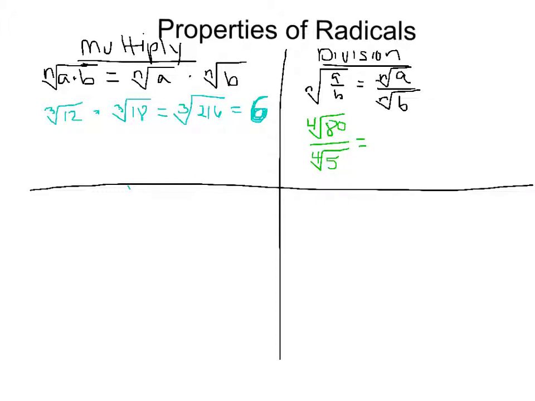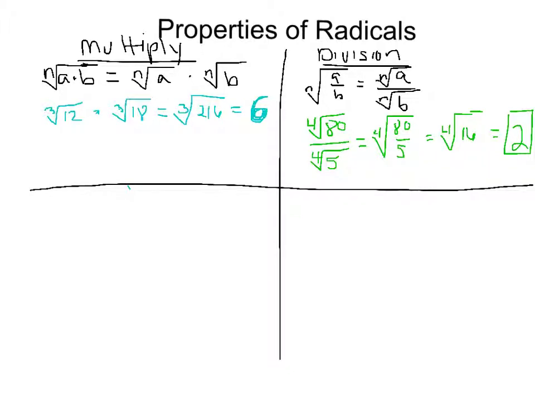We don't know the fourth root of 80, nor do we know the fourth root of 5, so if we put them together, we get the fourth root of 80 divided by 5. We can simplify that. We know that 80 divided by 5 is 16, and we know that the fourth root of 16 is 2, so we get an answer of 2. So again, you see how manipulating that sometimes makes it an easier problem to solve.